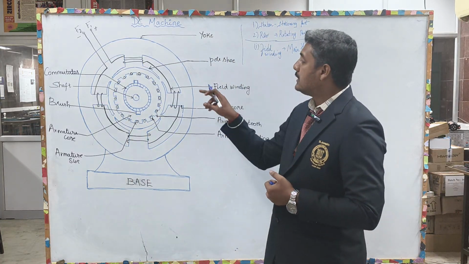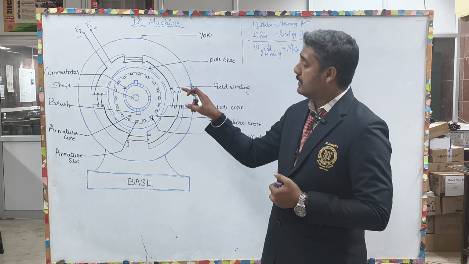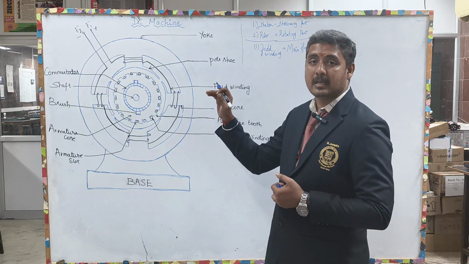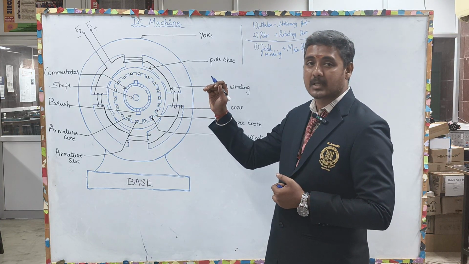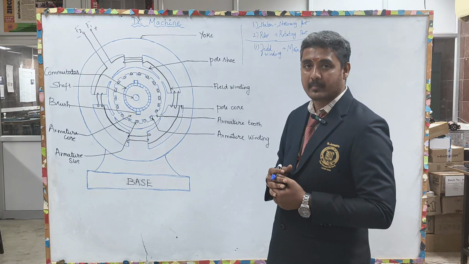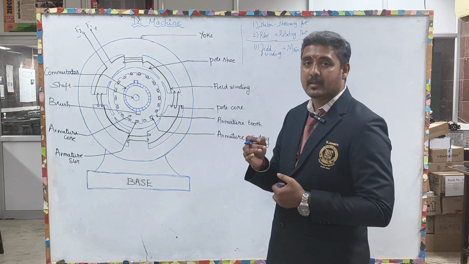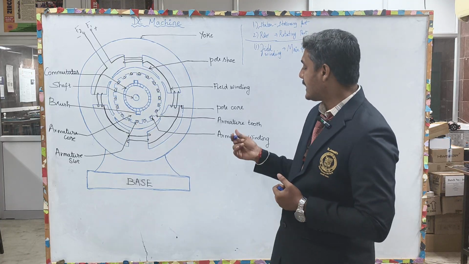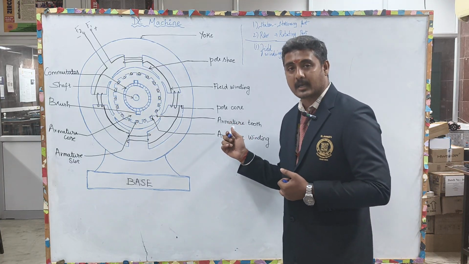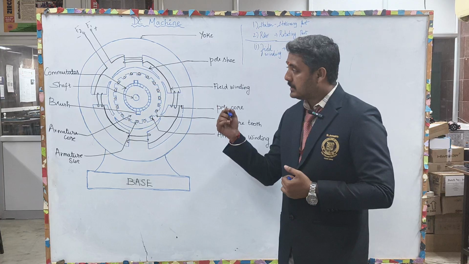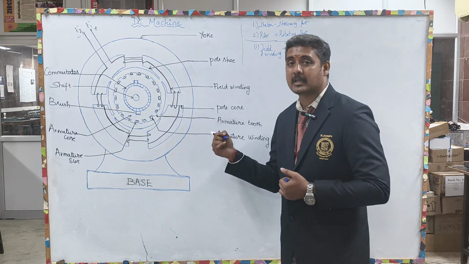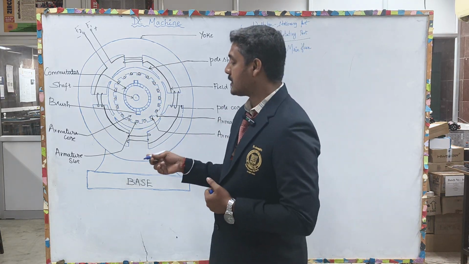See here, the armature has some areas projected and some areas not projected. The projected area of the armature is called armature tooth or teeth, and the part which is not projected is called the armature slot.